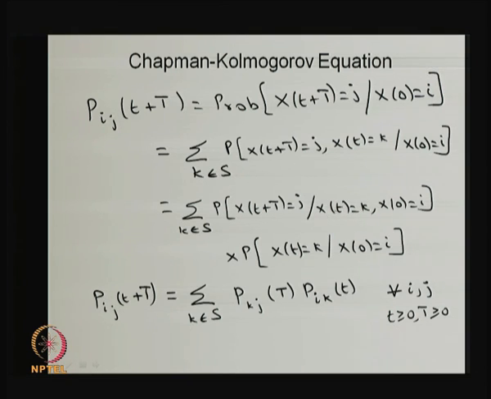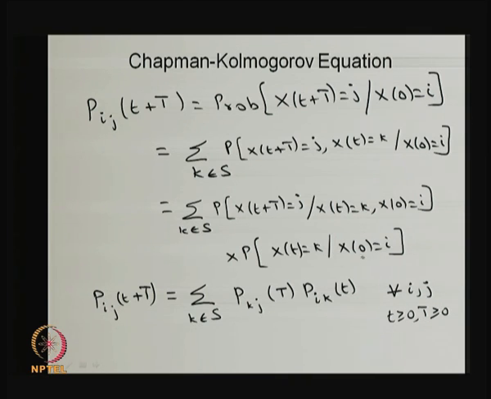First you use the Markov property, therefore this is a transition probability of t to t plus capital T, moving from the state k to j. Then you use the time homogeneous property, therefore only the length matters. Therefore t to t plus capital T is the same as 0 to capital T. So the system is moving from the state k to j from 0 to capital T, that is p k j of T.